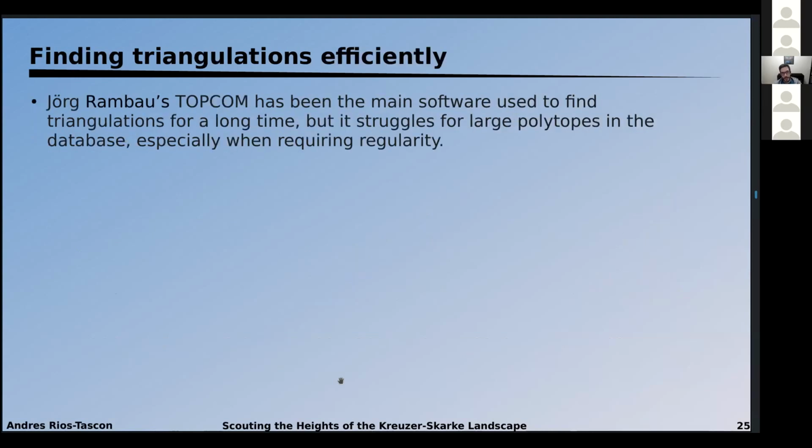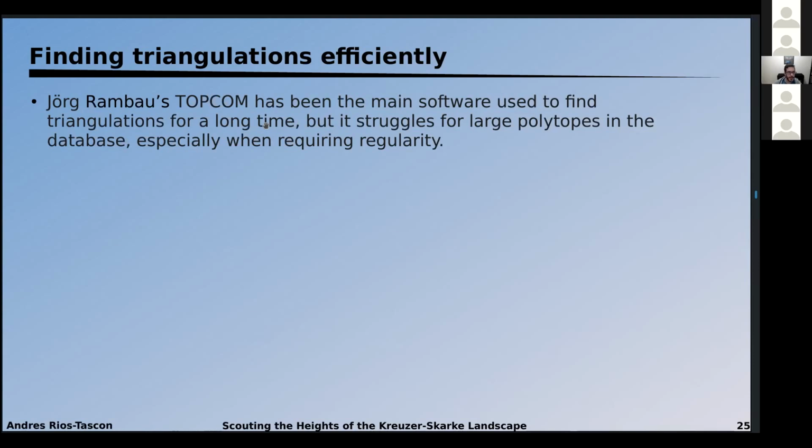The typical way of finding FRSTs has been with the TOPCOM package, which is a pretty nice piece of software. But if you want to find regular and star triangulations, it really starts to struggle, even at moderate H11. And at some point, it just can't do it anymore.